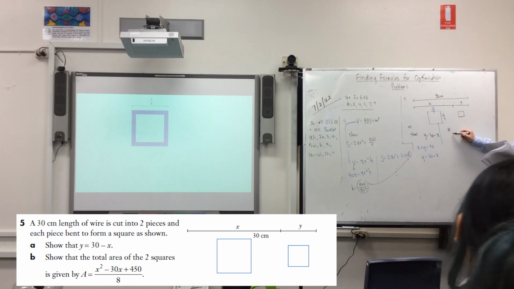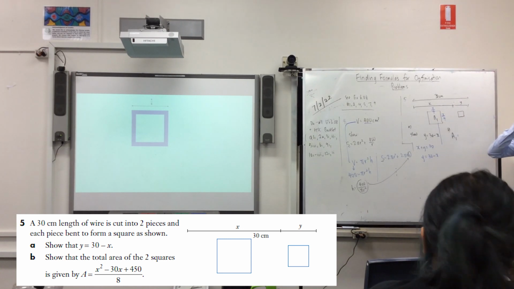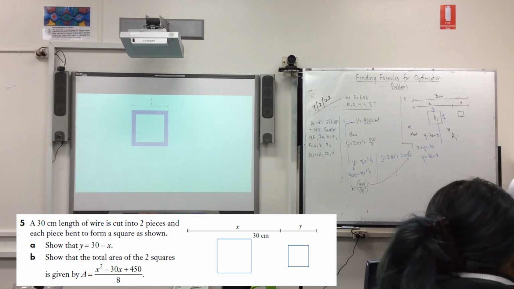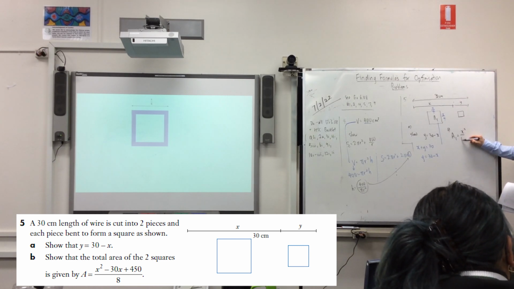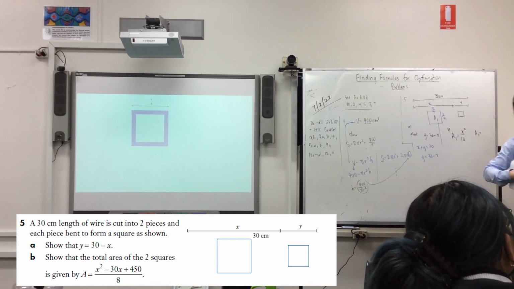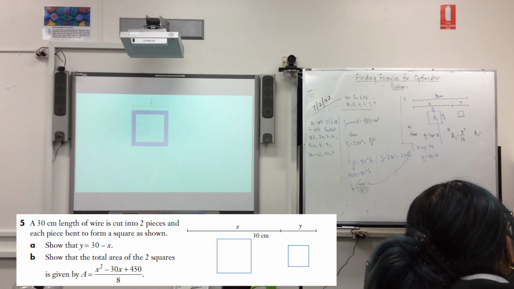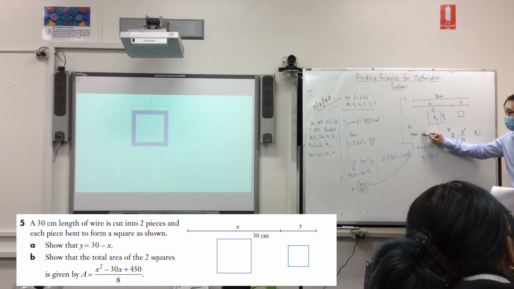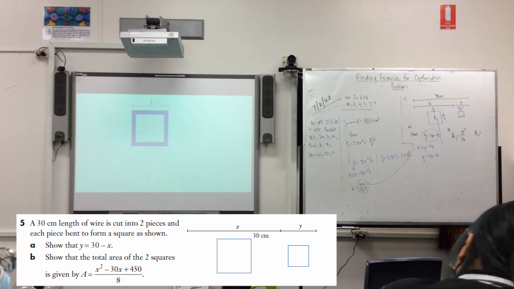Question B is show that the area. So girls, let's call this area 1. What's that area? Girls, side times side? Good. Similarly, just based on what I've shown you, that would be Y over 4, but we know the expression for Y. So then this would be 30 minus X over 4.